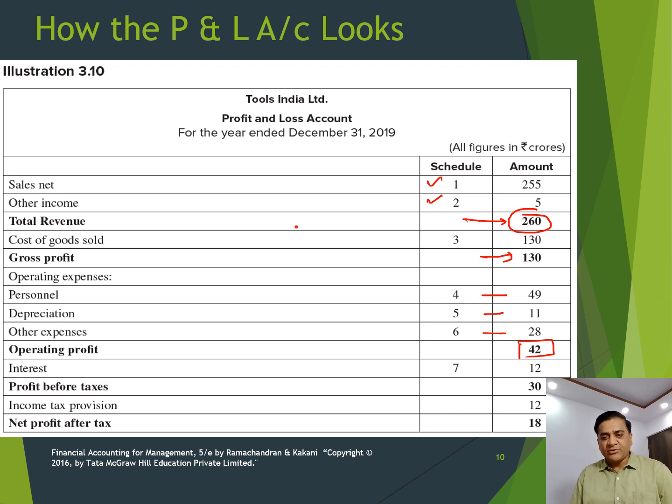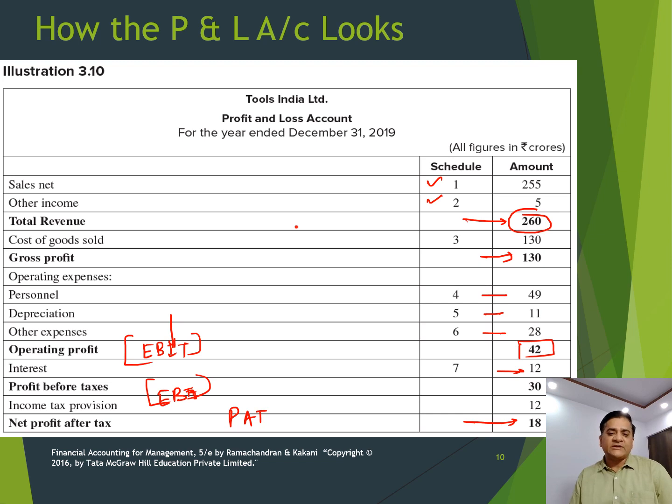Here I said this is the profit before interest and taxation. Of this, if I deduct this interest, what remains is EBT, profit before tax, earnings before tax. If I deduct the tax also, what remains is profit after tax, which is 18.